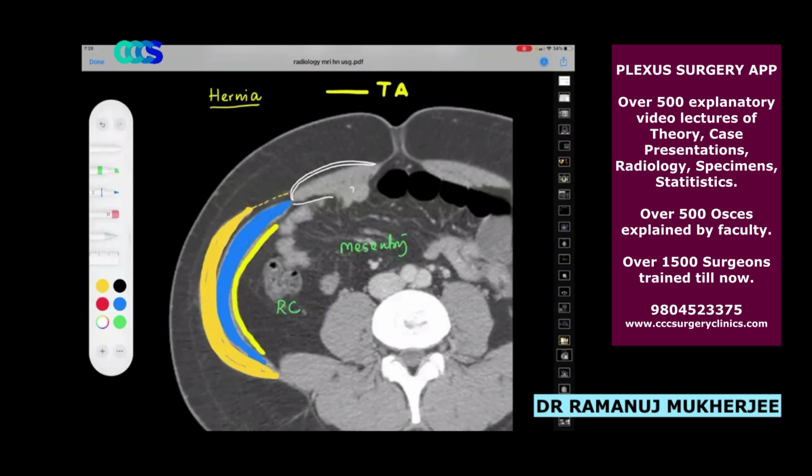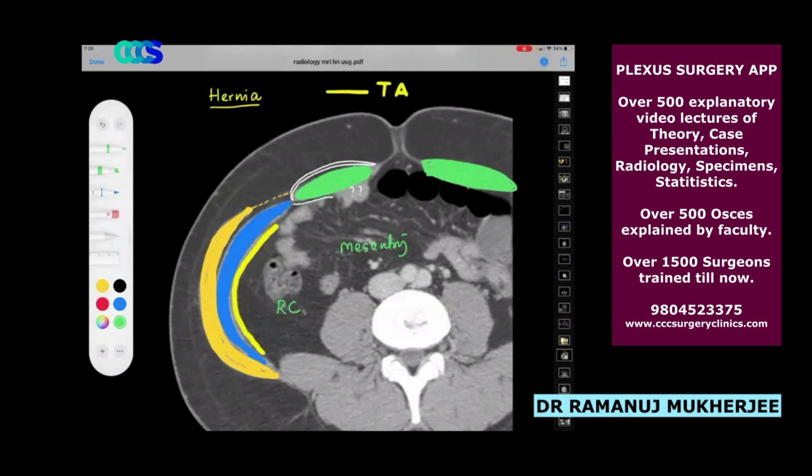I am not very clear about this area, but what I am very clear of is that I can see the rectus abdominis muscle. The rectus abdominis on both sides look oval, which for me is a good healthy rectus abdominis.